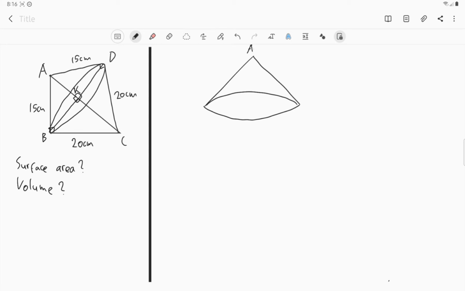which is the ABD one. As you can see, BK equals BD. BK is the radius of the circle base.